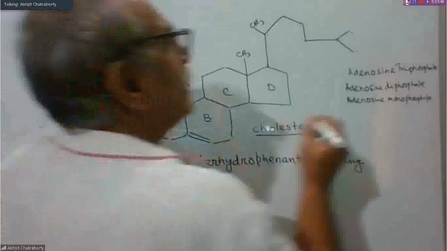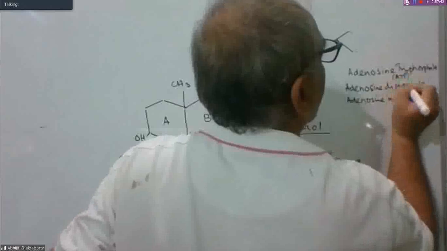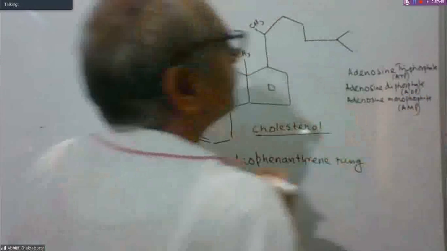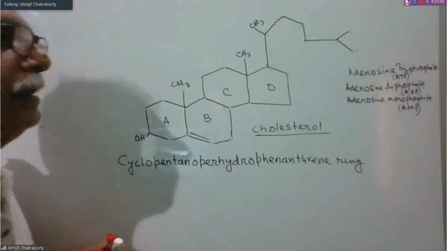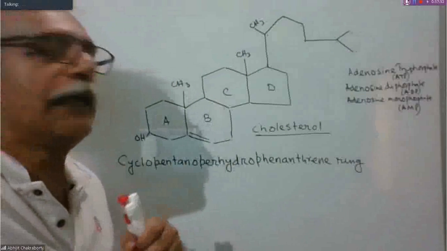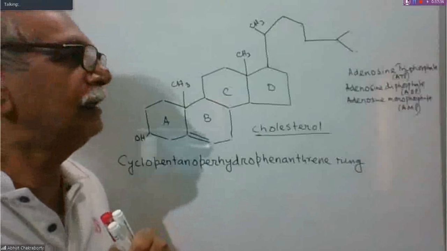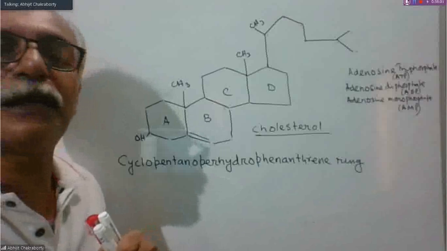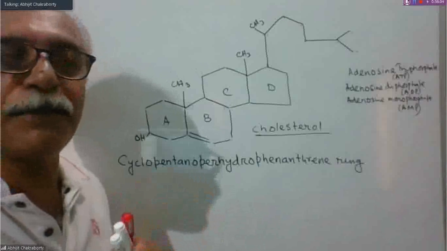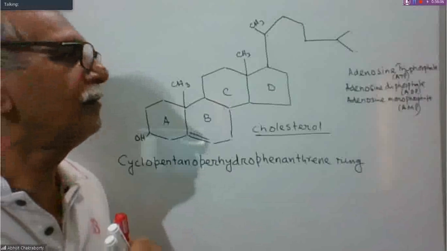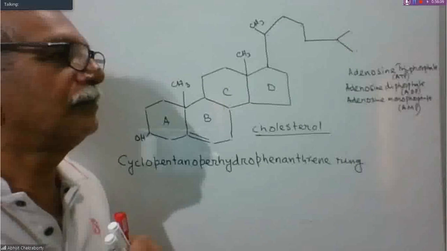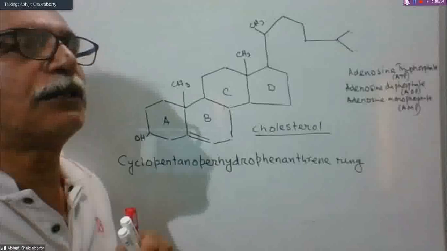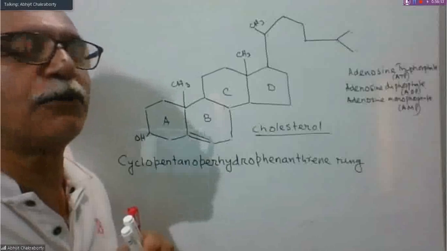That means it is ATP, it is ADP and it is AMP. Can you draw these structures? Already you know the structure of AMP. While drawing the structure of AMP, you need to remember this: it is not deoxyribonucleic, so you have to draw the ribose sugar.